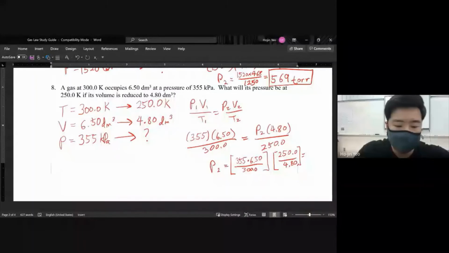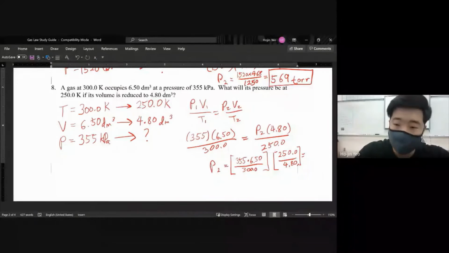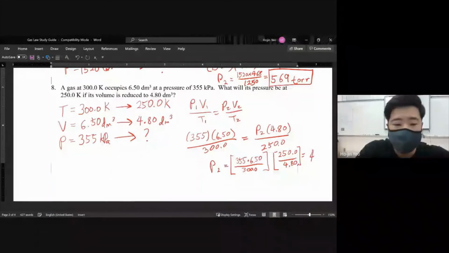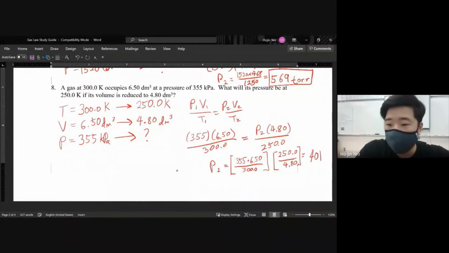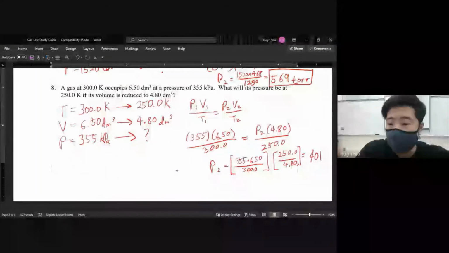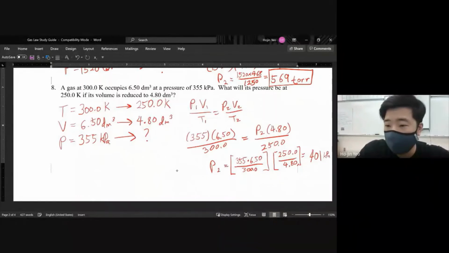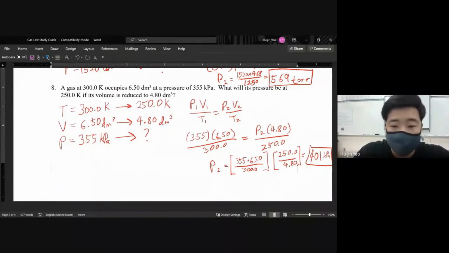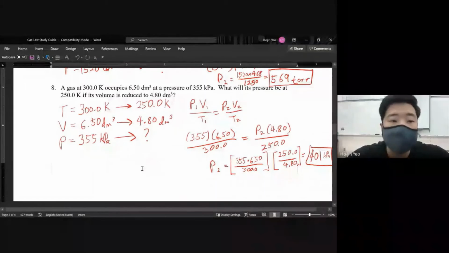So if you solve that out, you would get 401 kPa. Okay. So if you are confused how I got this answer, please make sure to do this on your own using your calculator.